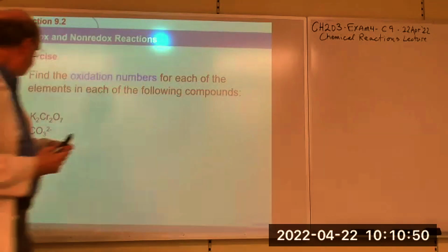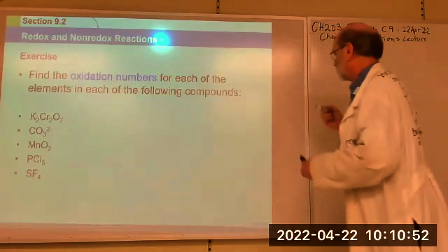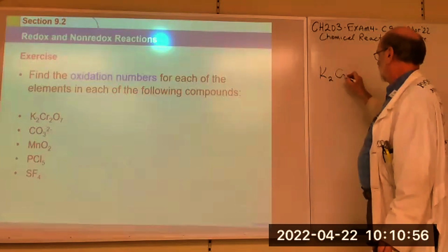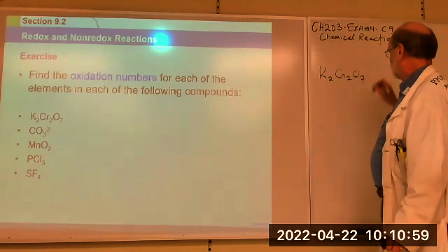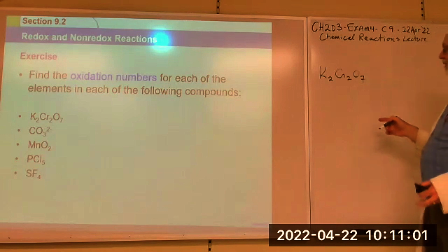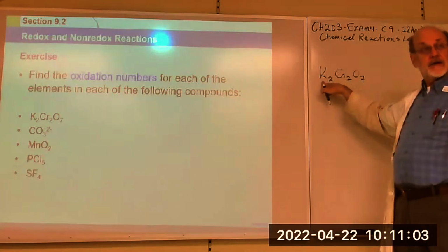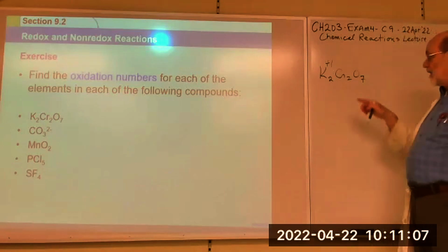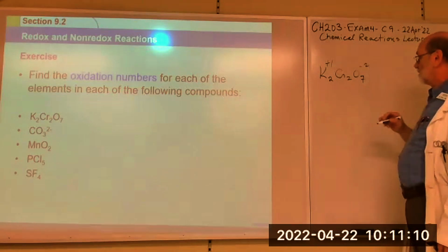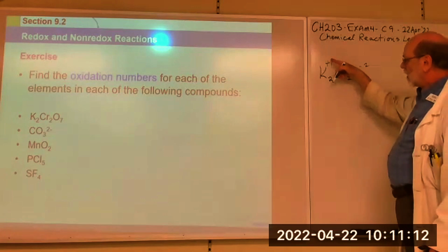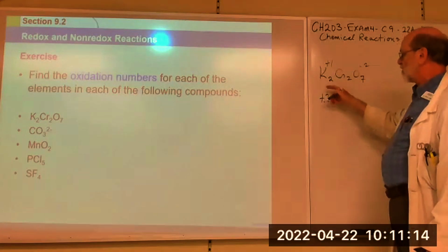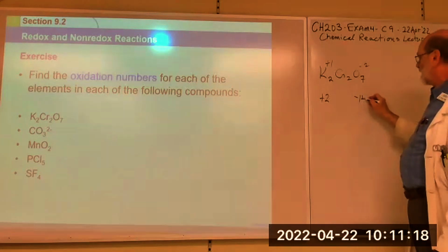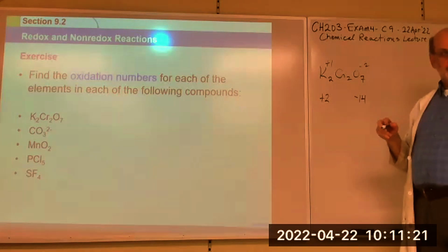How about this one? Potassium dichromate. Okay, what do we know? We know that the rule says that alkali metals are all +1, right? And oxygens are always -2. So we have a contribution of +2 out of the potassiums, and we have a contribution of -14 out of the oxygens.